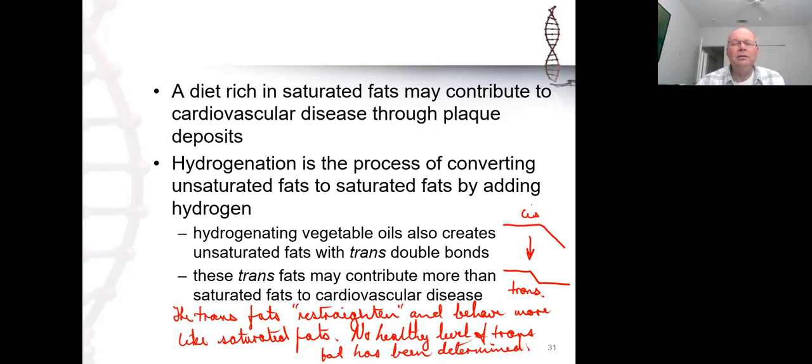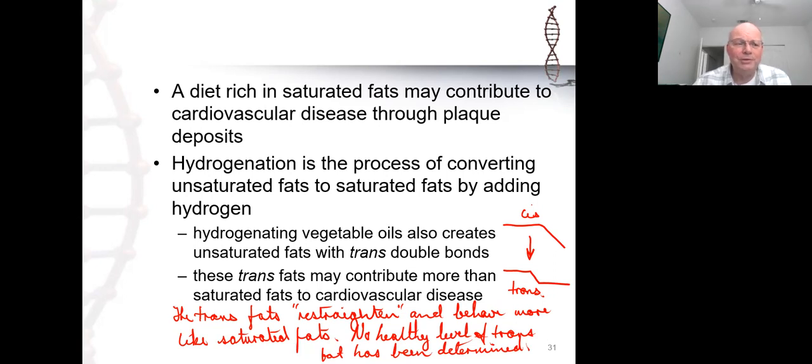And so on January 1, 2007, legislation went into action from the USDA that required food manufacturers to list the amount of trans fat in their food. But even before the legislation went into play, food manufacturers were already catching on and starting to reduce the level of trans fats and proudly advertising that their foods contained zero trans fat.